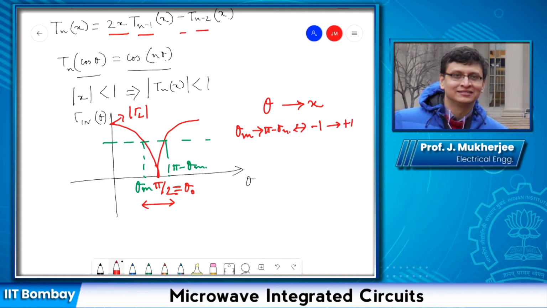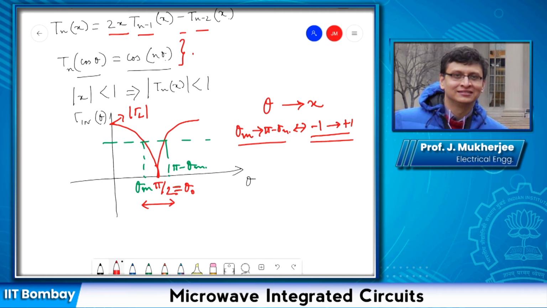If we can devise such a method, then the entire passband values of theta can be mapped to this -1 to +1 range of x. This -1 to +1 range of x, as you can see from this equation, forms a boundary. So the approach to framing the prototype function using this Chebyshev polynomial is to first map this range of thetas to this range of x.